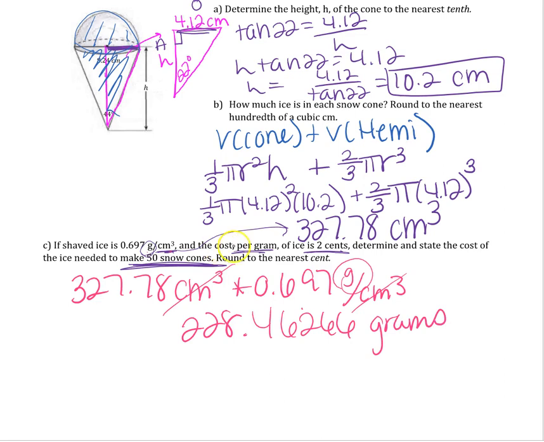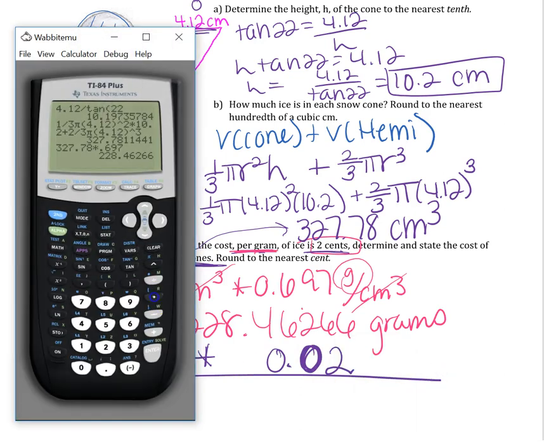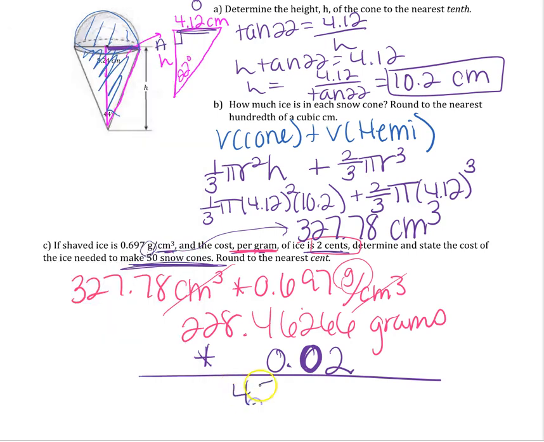Then it says the cost per gram is 2 cents. And this is where you need to make sure you're multiplying by 0.02. Okay, so take my answer, multiply by 2 cents, because it's 2/100th of a dollar, and I get 4.56. I haven't rounded yet.